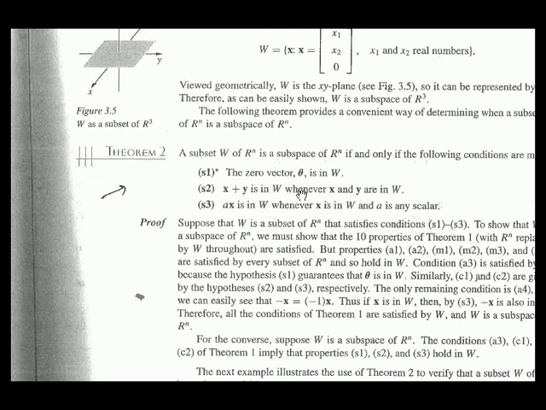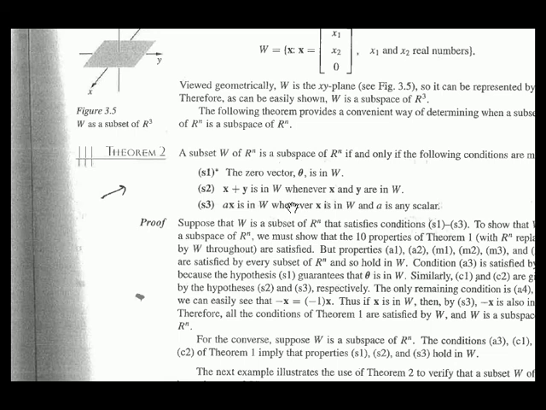You can't get out of it by linear combinations, i.e. scalar multiplications and vector additions. We'll later call that a subspace of dimension 2 of R3. So R3, we'll say, is a 3-dimensional space, and the xy plane is a 2-dimensional subspace of R3.